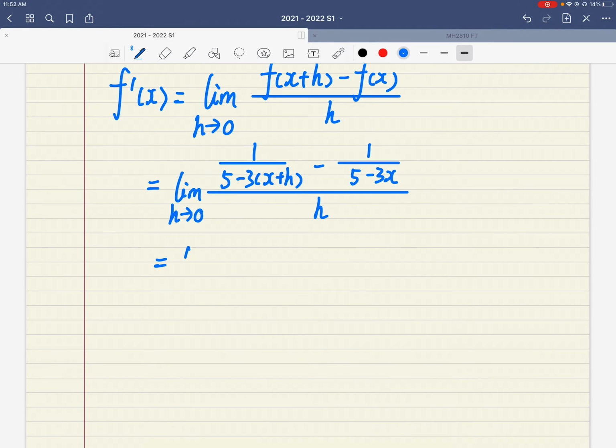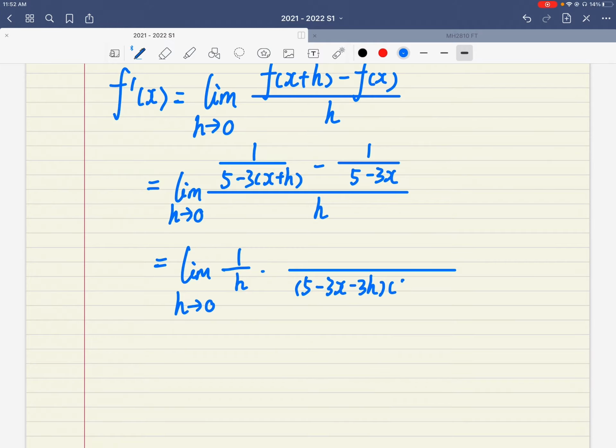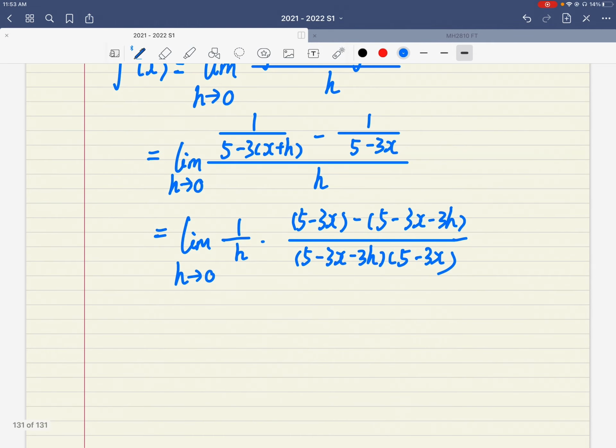Okay, then just do it. So it's 1 over h times, the bottom here is (5 minus 3x minus 3h) times (5 minus 3x). Okay, and the top is 5 minus 3x minus (5 minus 3x minus 3h). So here the top is just 3h.